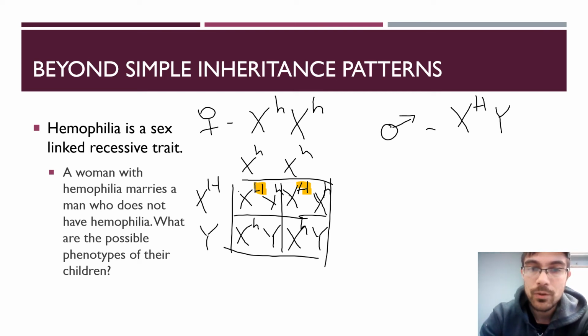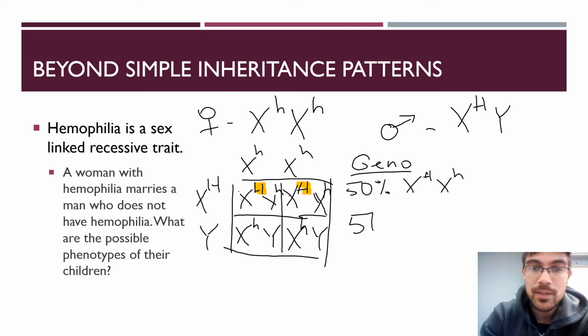Okay? So in genotypes, you got a 50% chance of having daughters who are carriers and a 50% chance of having sons with hemophilia.